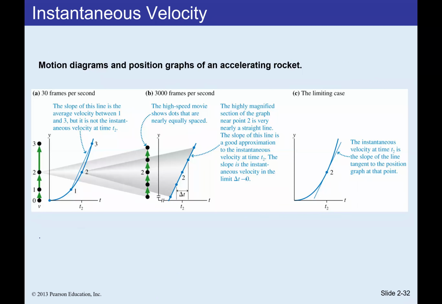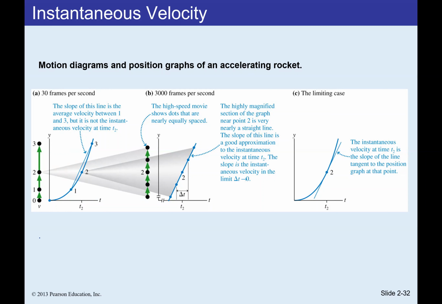And this is basically the graph I just mentioned: your graph will be a curved graph like that, and the secant line will give you the average velocity. But as you decrease your delta t and make it approach 0, the line actually ends up being a tangent line. And the tangent line will then give you the instantaneous velocity.